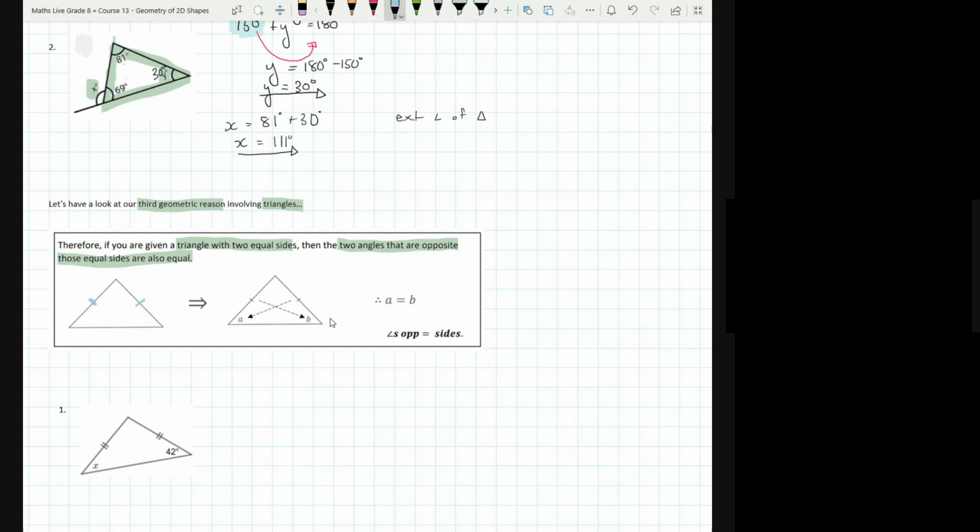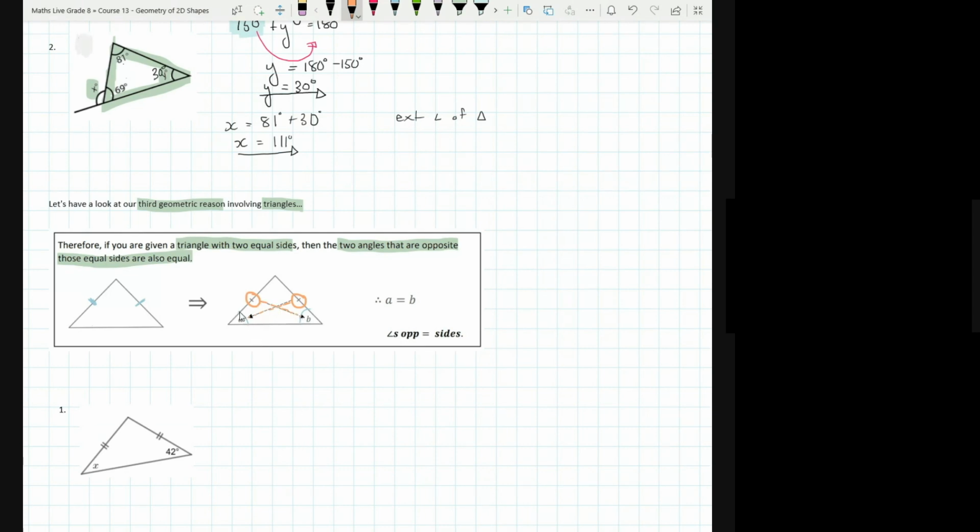So if you look at this diagram, we have angle A over here and angle B. What I like to say is that it's almost like this equal side marking is pointing to that angle, and this equal side marking points to the other angle.